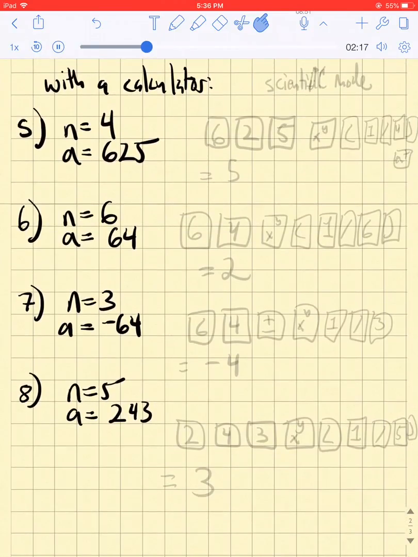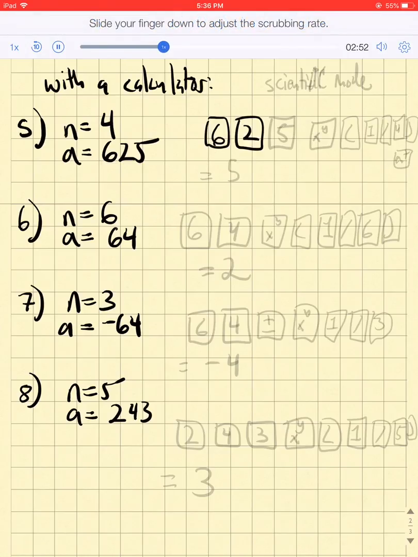Okay, now for the with calculator stuff, it all depends on which calculator you have, but we're going to evaluate the nth roots using the calculator exponent buttons.